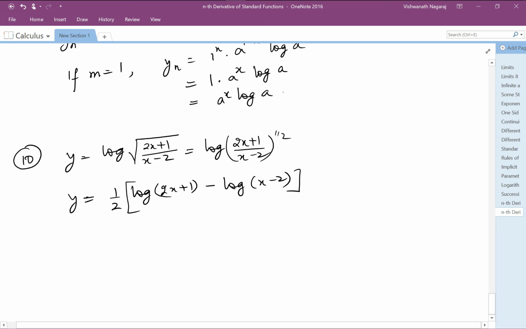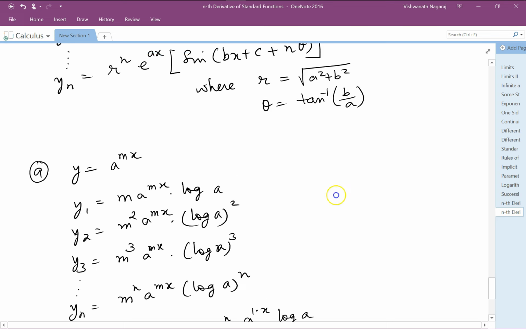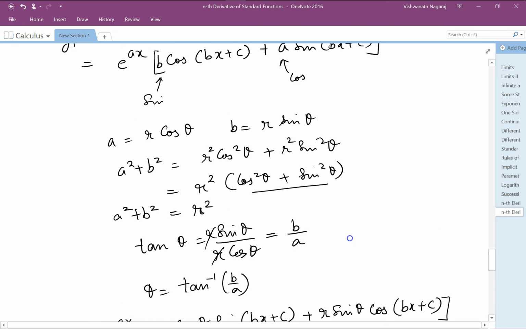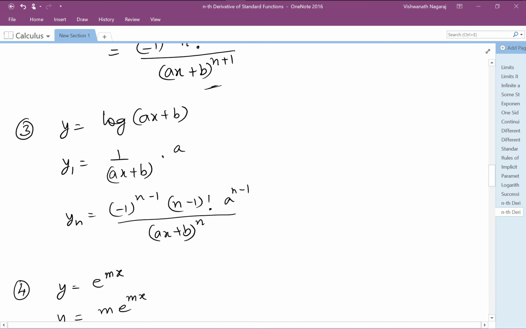So now it's a question of differentiating these separately. Half of, now did we look at log ax plus b? I am sure we would have done it somewhere. Log ax plus b, this particular expression.